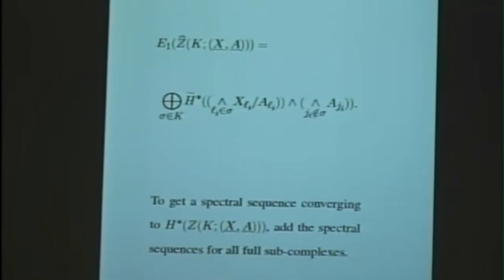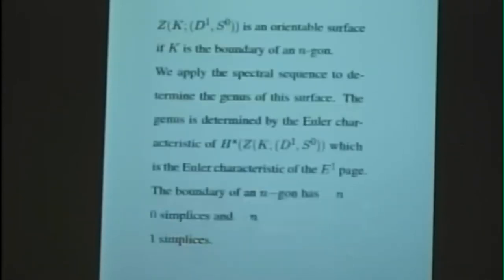That gives me a group that's at least E1. To get the spectral sequence for Z, you just add these up for all the full subcomplexes. It's a little bit more complicated, but I'm going to describe the resulting E1 term in an example.